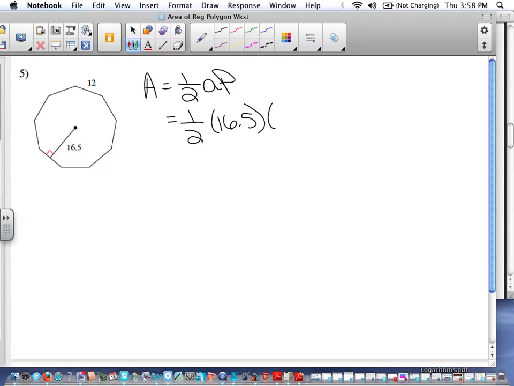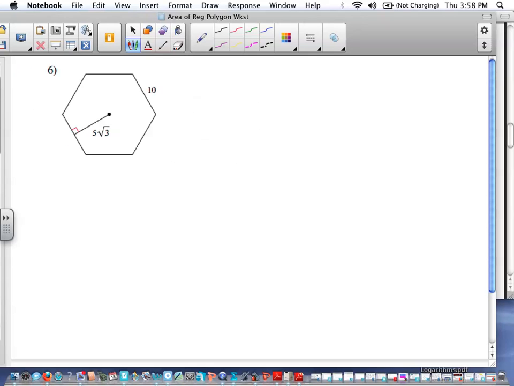In this case, 1, 2, 3, 4, 5, 6, 7, 8, 9. 9 sides times 12, and that gives us 0.5 times 16.5, 891 units squared, for number 5.